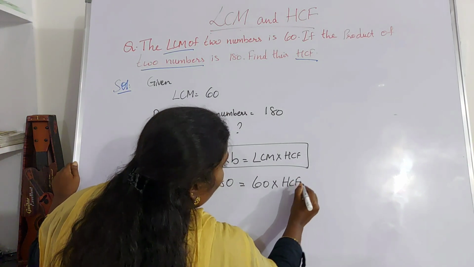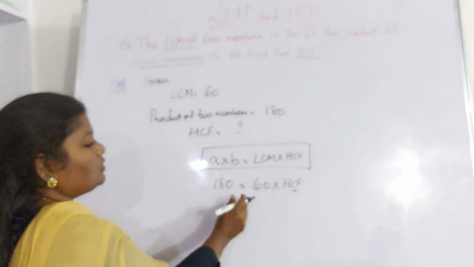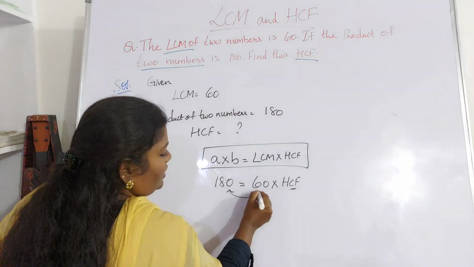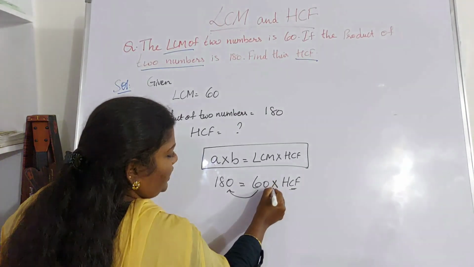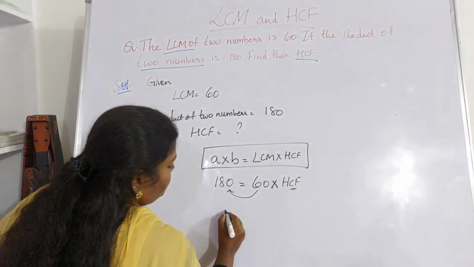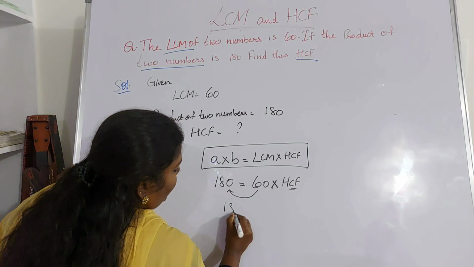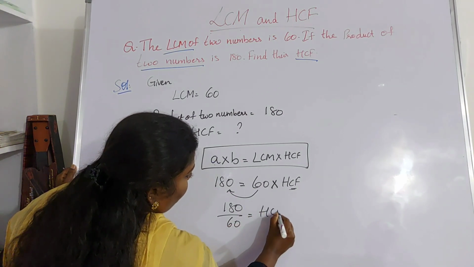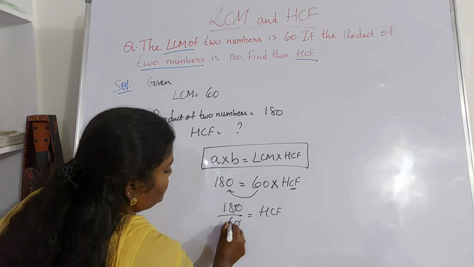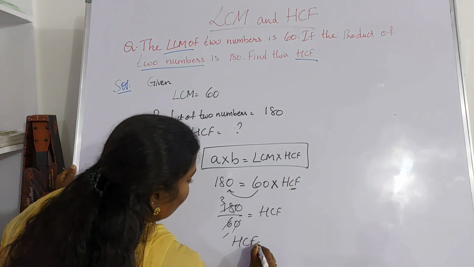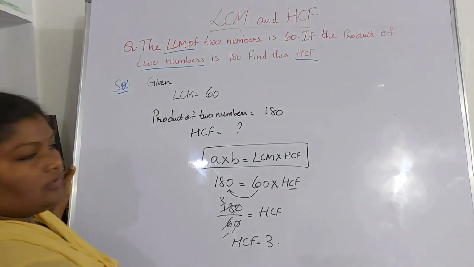We need to find the HCF, so send this number to this side. The relation here is multiplication; when it goes to the other side, it becomes division. So 180 by 60 is equal to HCF. The zeros cancel, and 6 1s are 6, 6 3s are 18. So HCF is 3.